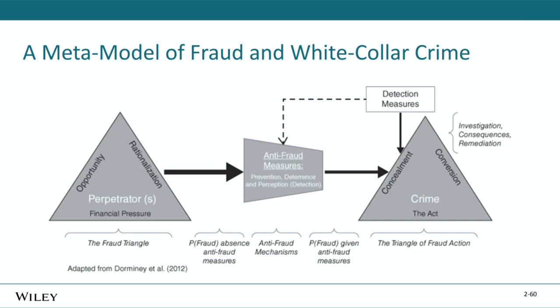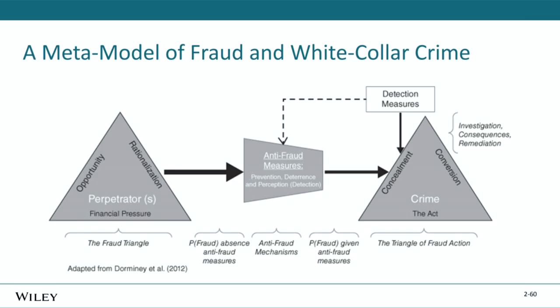The anti-fraud mechanisms, which address the absence of anti-fraud measures, are what we put in the middle to try to prevent the perpetrator who wants to commit the fraud from actually doing it. So we put in detection measures that take away the concealment side of the triangle of fraud action.